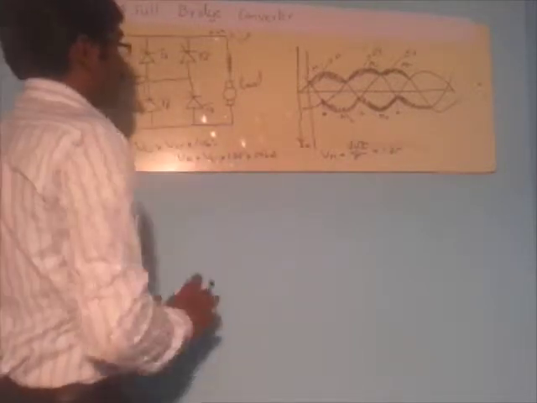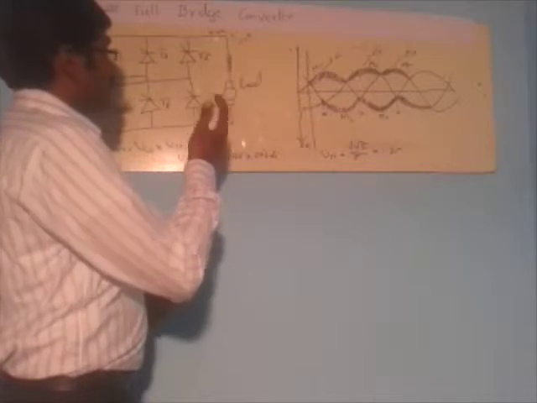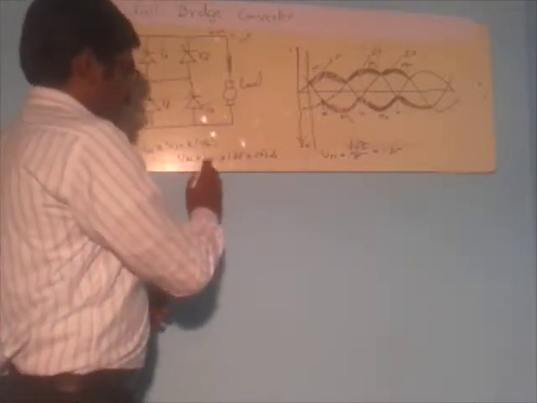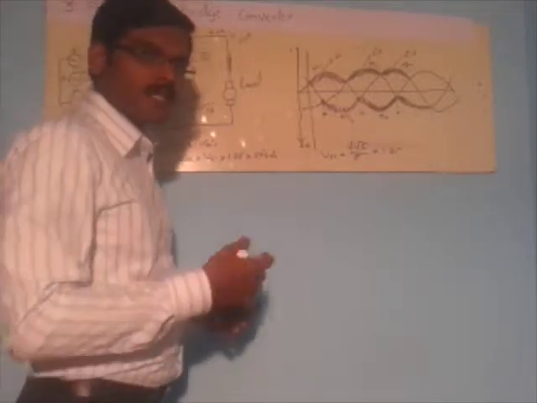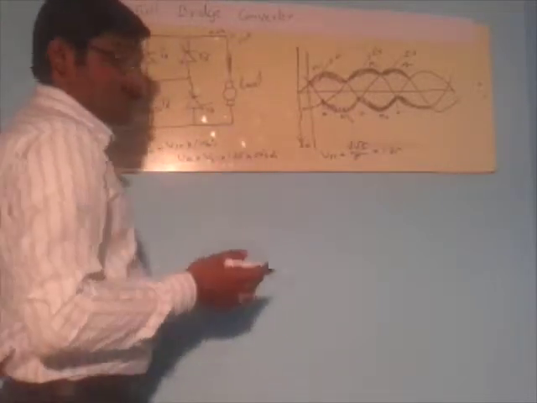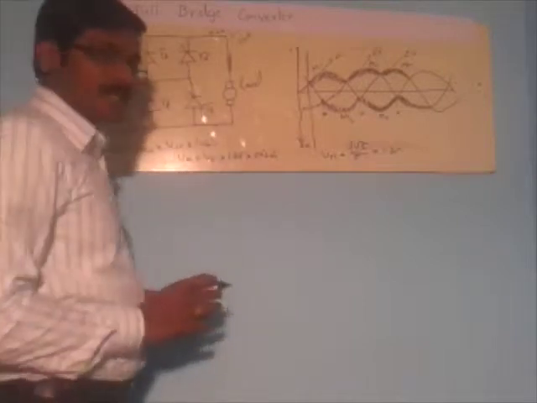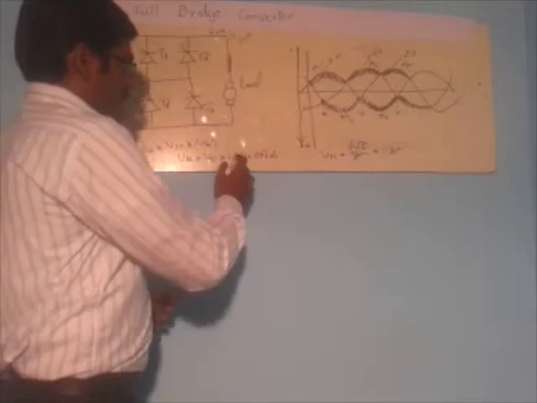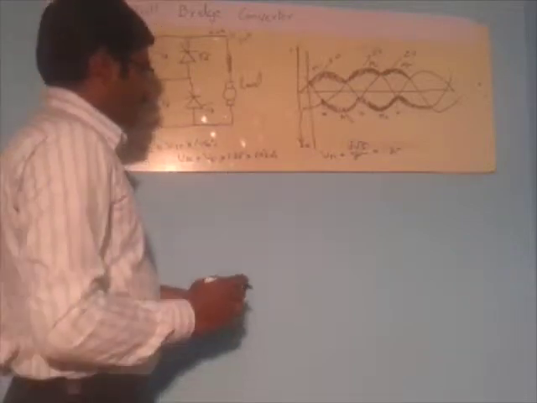But in case of a non-controlled bridge rectifier, VDC is equal to VLL into voltage transfer ratio, because instead of semiconductor switches we are using semiconductor diodes. That is the reason there is no firing angle.